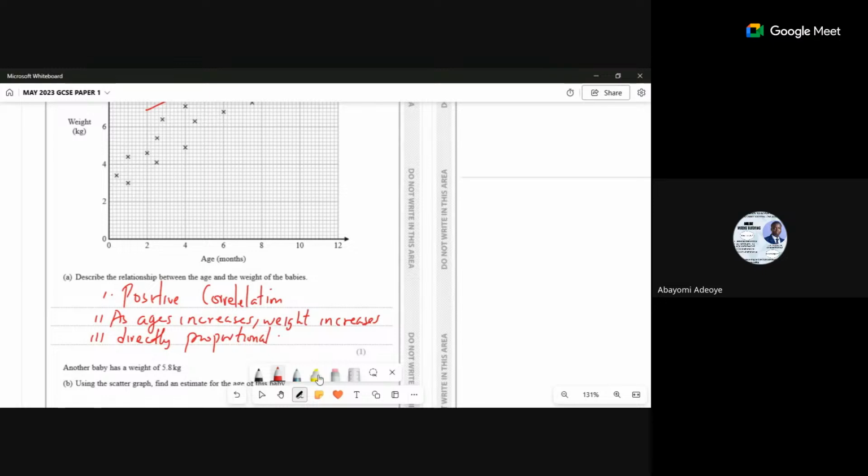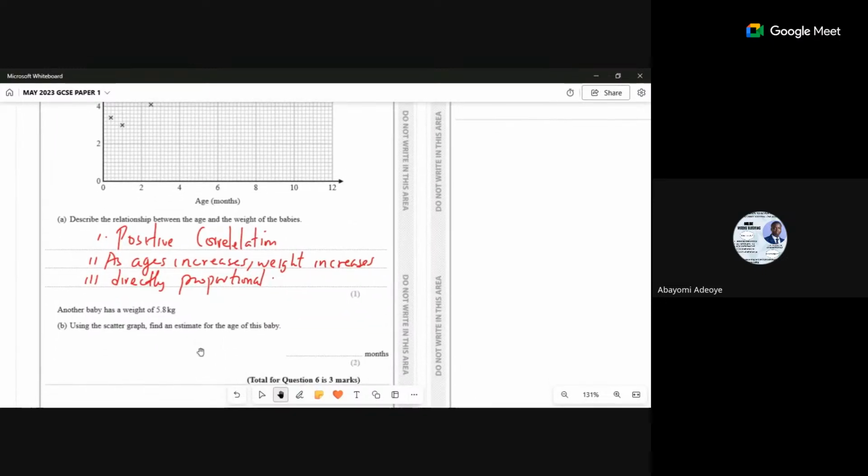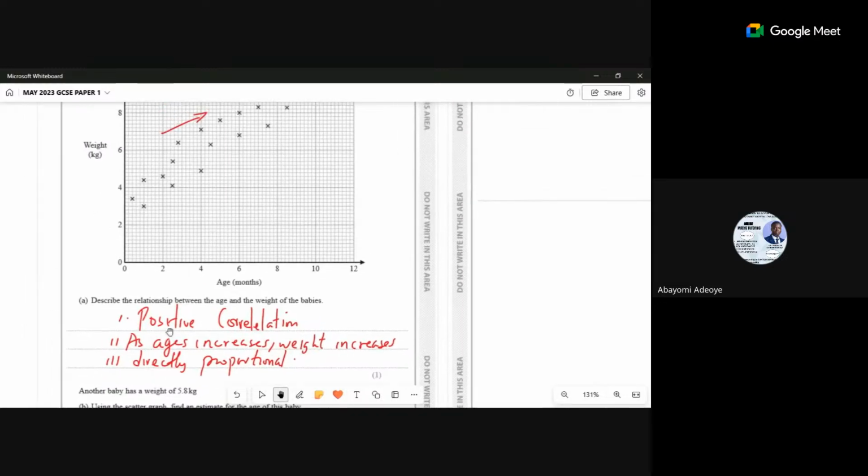Now the next question says, using the scatter graph, find an estimate for the age of these babies. Another baby has a weight of 5.8. Using the scatter diagram, find an estimate of this baby's age. So you go to where you have the weight.